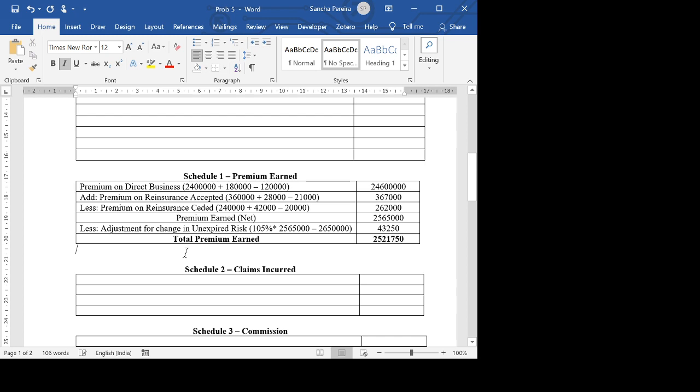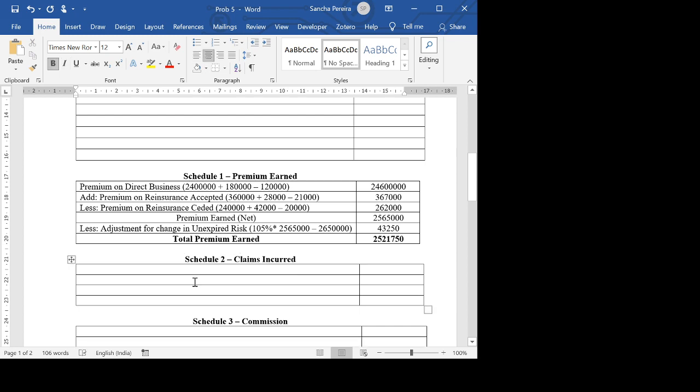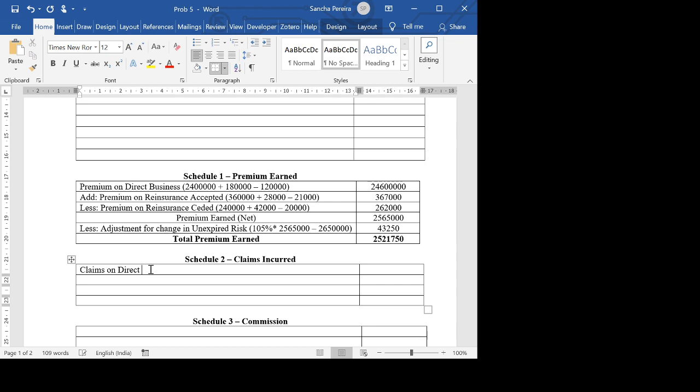Okay. The next one is claims incurred. So the same thing I'm going to do with claims. First we have claims on direct business. Again the same calculation.